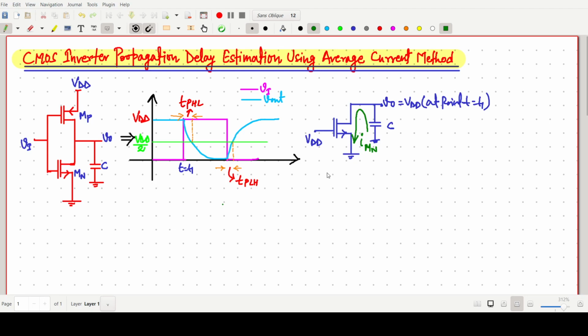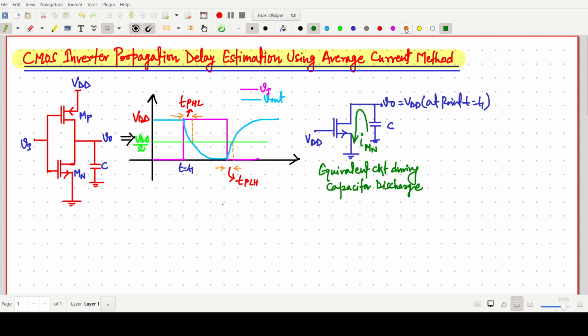So this is nothing but the equivalent circuit I am writing during capacitor discharge. The input-output waveform we need not write, and this one is the CMOS inverter. So this is the equivalent circuit when the capacitor discharges.